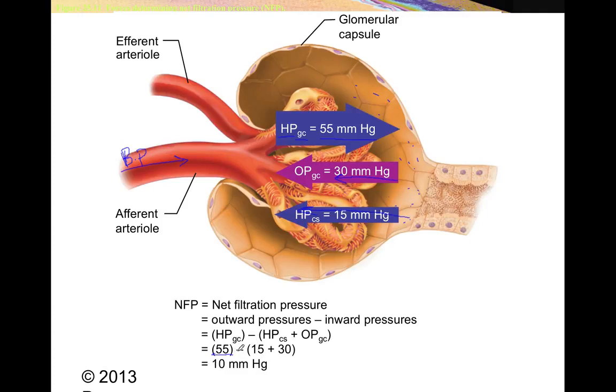So 55 minus 45, which is the addition of these two, gives you what? 10 millimeters of mercury, which is the pressure that basically pushes fluid out to the capsular space and into the PCT. That is a normal pressure in a healthy individual. Can that pressure change? Yes.